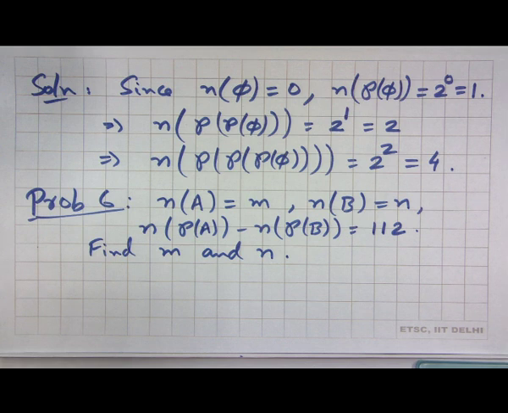So, if you know the difference of the number of elements in the power sets of A and B, we want to find the number of elements in A and the number of elements in B.